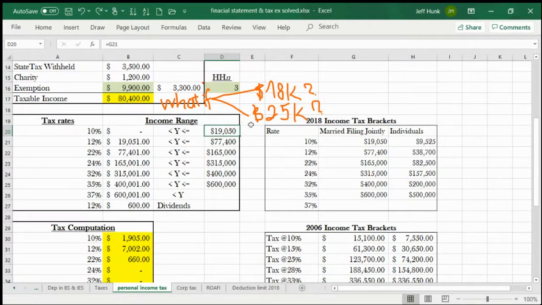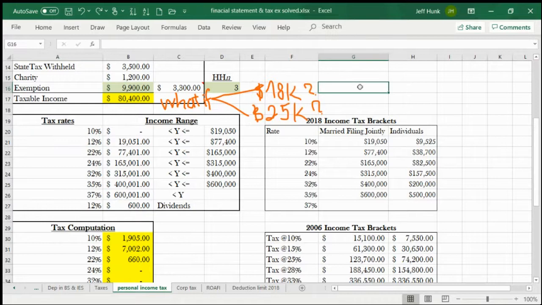If it is greater than this upper bound, then first you will multiply 10% to this, and whatever is the difference, take the difference and multiply it by 12%. You got to tell that to Excel so that Excel would make the comparison.